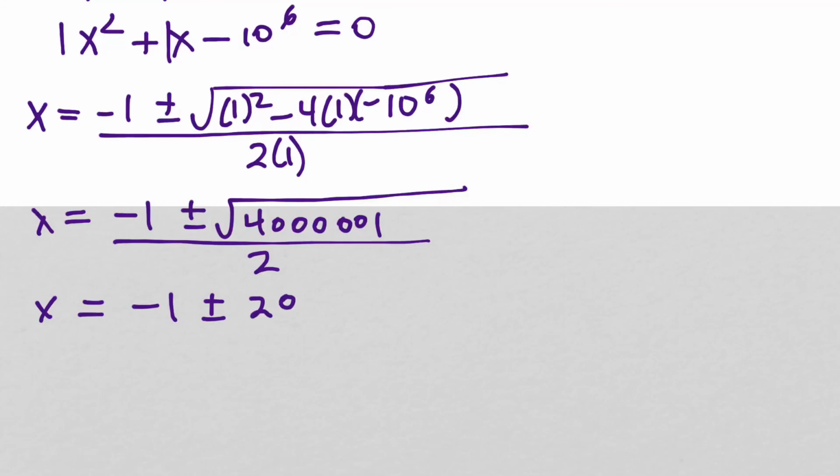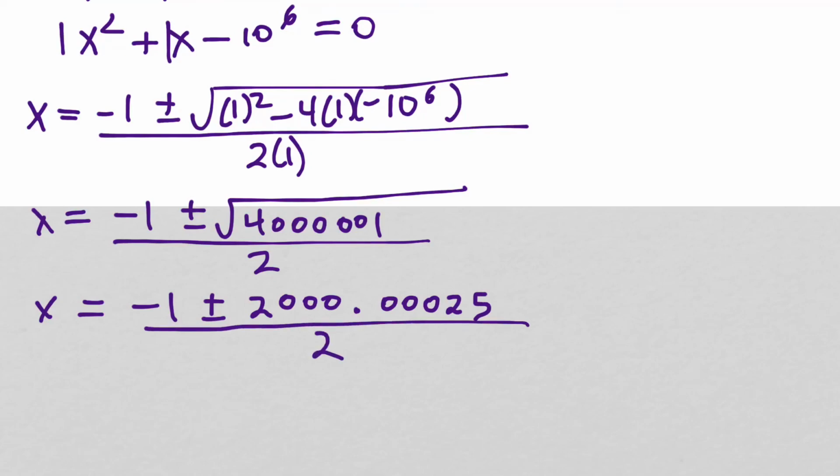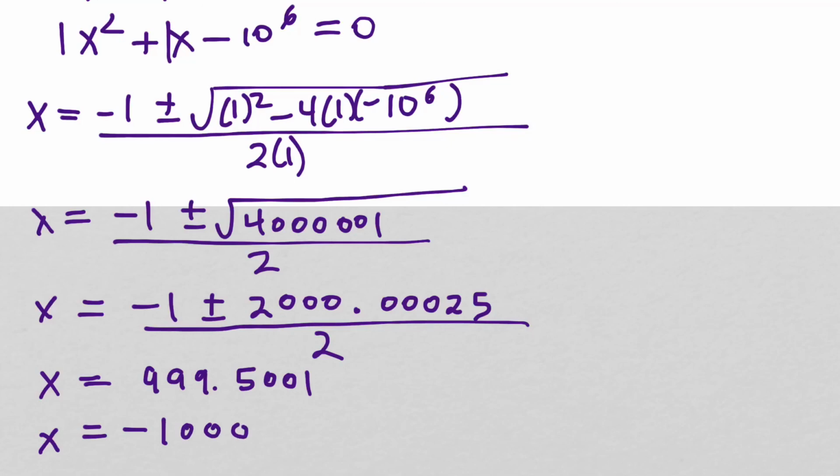The square root of that 4,000-ish number, whatever that is, is about 2,000.00, and I'm retaining 5 decimal places on that number for accuracy. So this is two numbers. The first number is negative 1 plus 2,000 blah, blah, blah divided by 2, so that's 999.5001. The second number is negative 1 minus 2,000 blah, blah, blah divided by 2, which is negative 1,000.